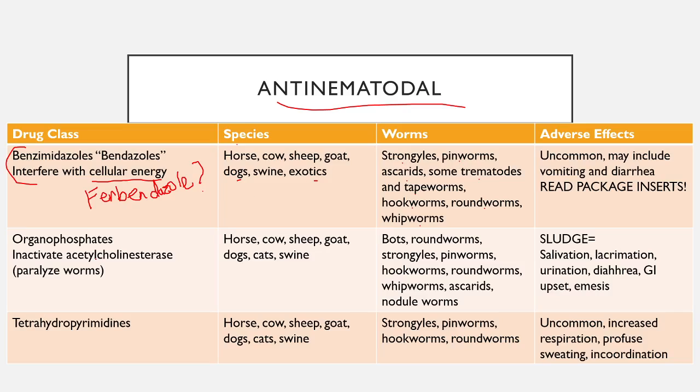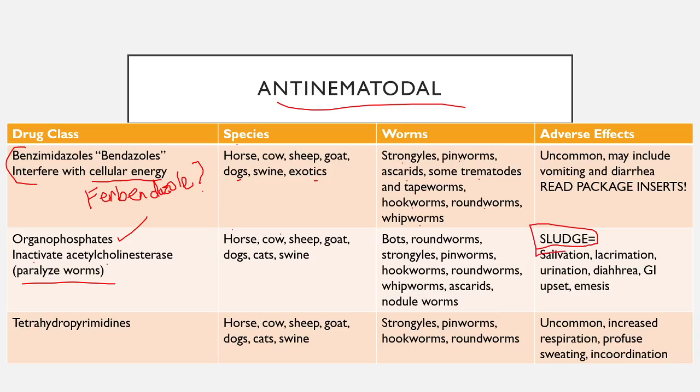Okay. Organophosphates. These inactivate acetylcholinesterase, right? These are indirect acting cholinergic drugs, and they paralyze the worms. They are used in horse, cow, sheep, goats, dogs, and cats and swine, but dose dependent.